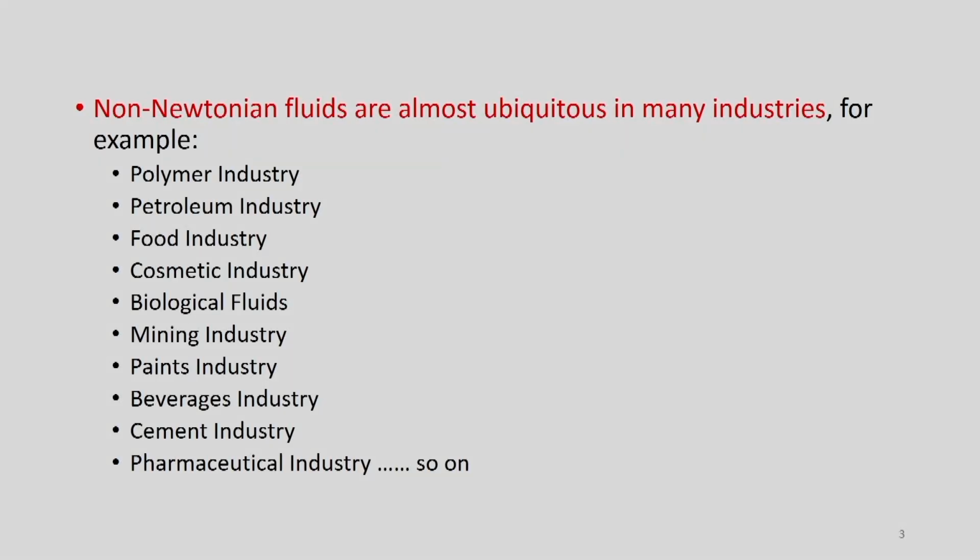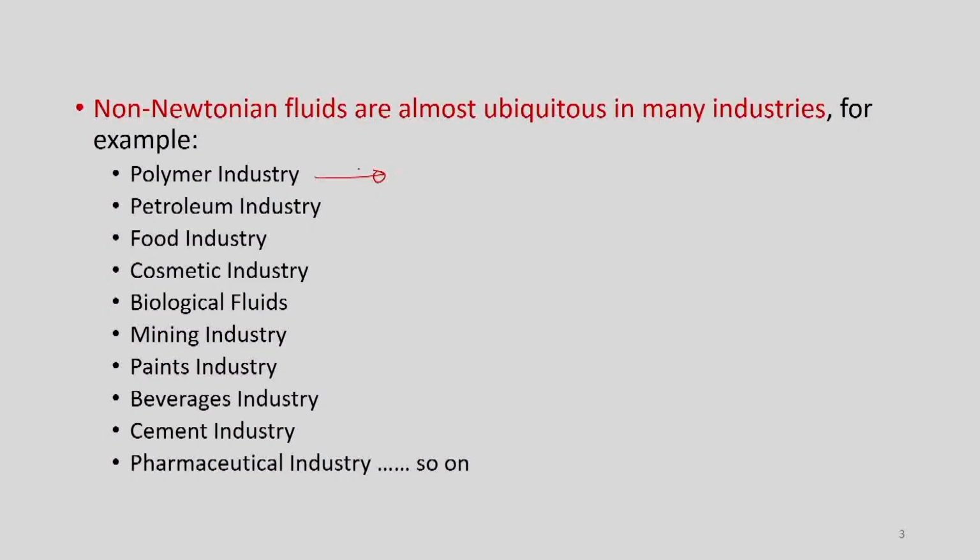These non-Newtonian fluids are almost ubiquitous in many industries of chemical and related engineering disciplines. For example, we take the polymer industries. It has been found that many of the polymer solutions in general, when polymers are dissolved in some kind of solvents, show shear thinning behavior.